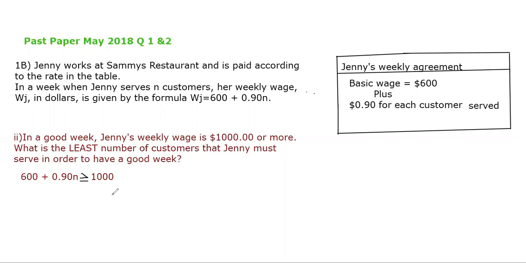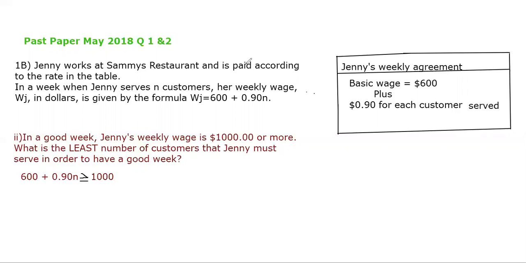So greater than or equal to 1,000, because the question says at least 1,000. You may want to rewind 10 seconds or so if you are not quite clear. That is the essence of it.